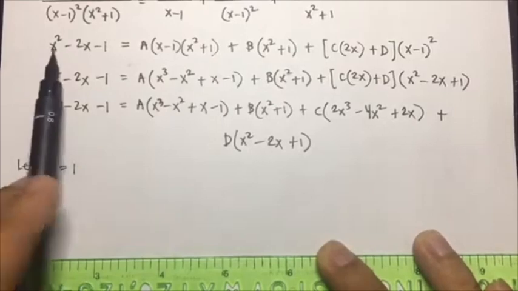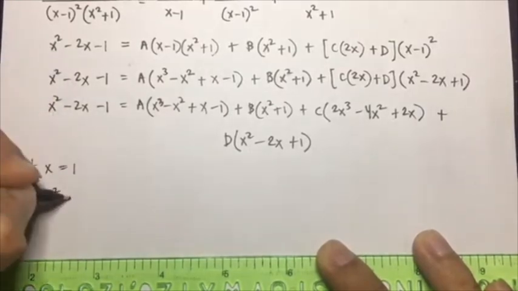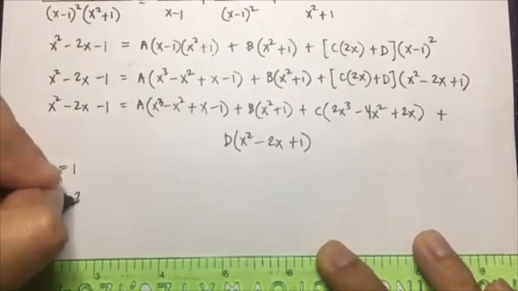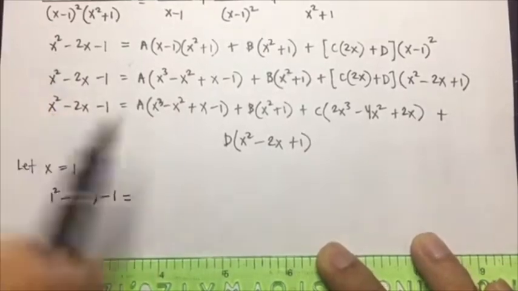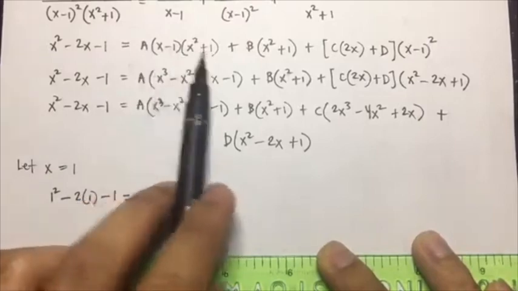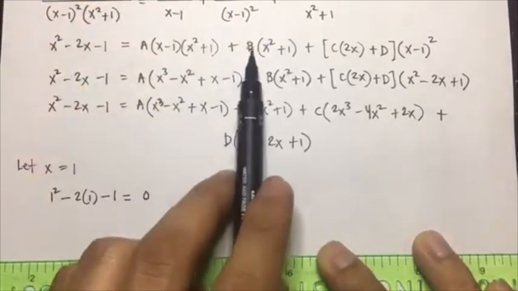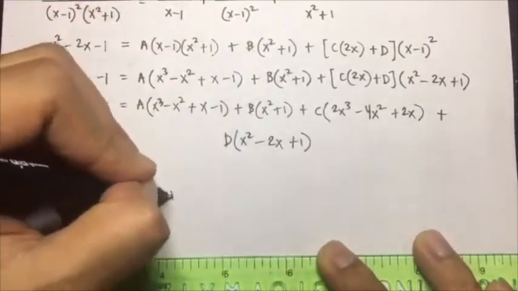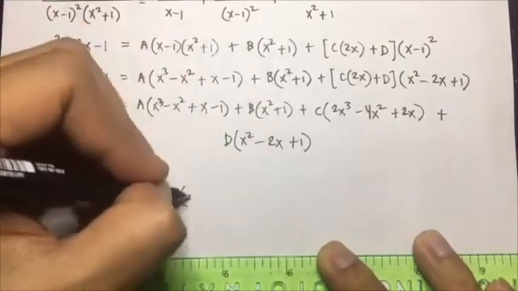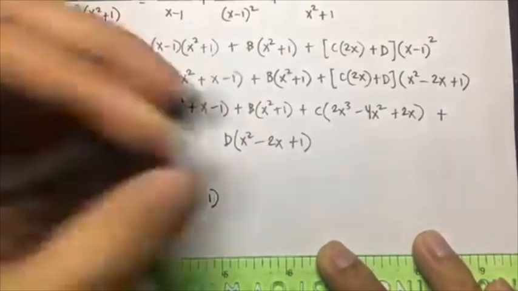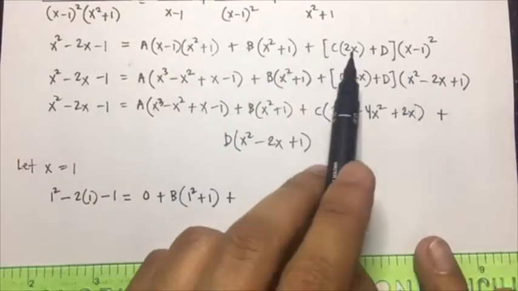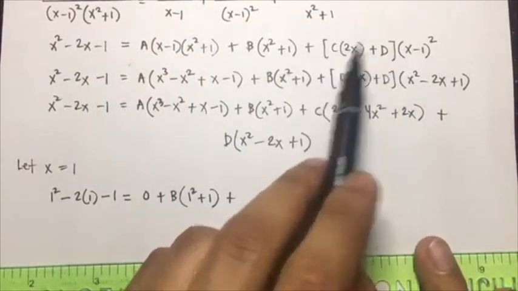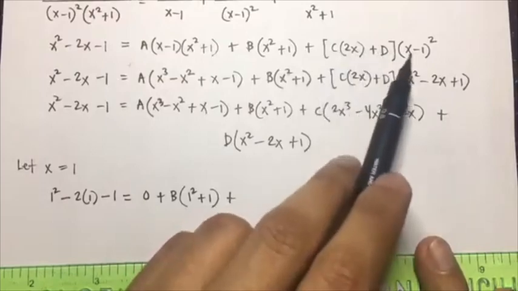This will become 1 squared minus 2 times 1 minus 1 is equal to, a will become 0 plus b times 1 squared plus 1, and then plus c and d will both become 0, since both of them are multiplied with x minus 1.